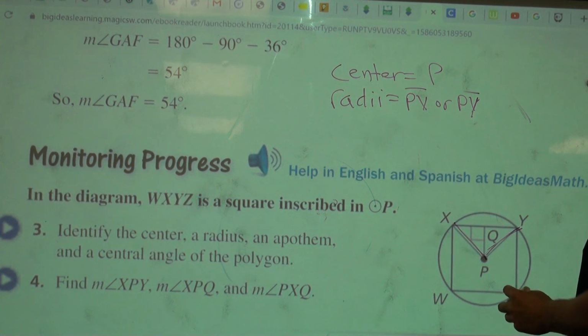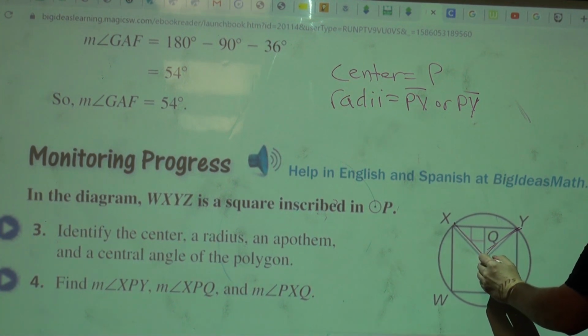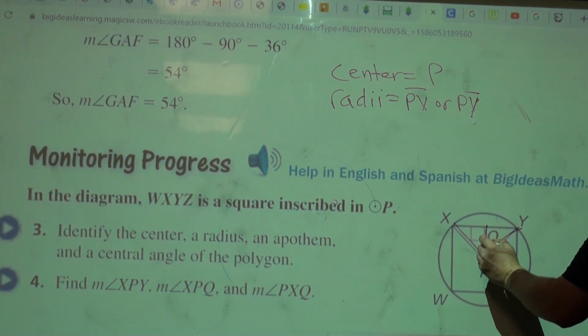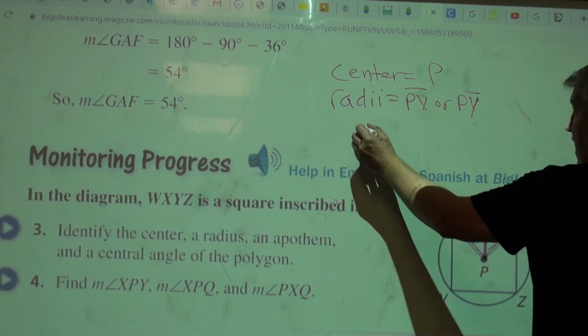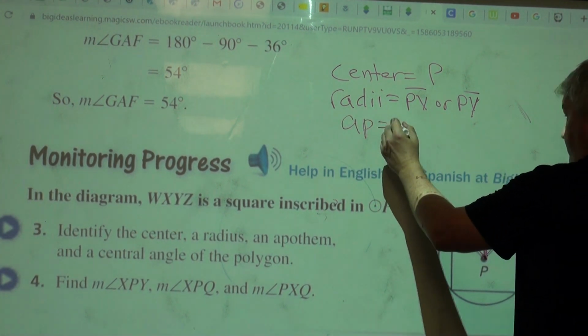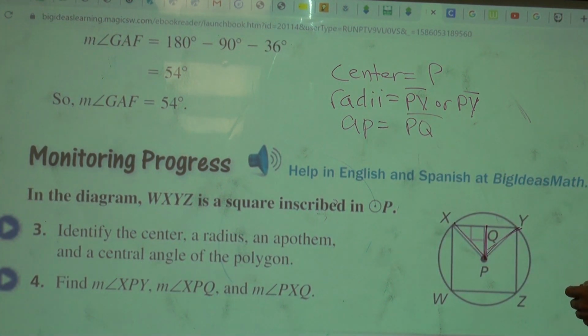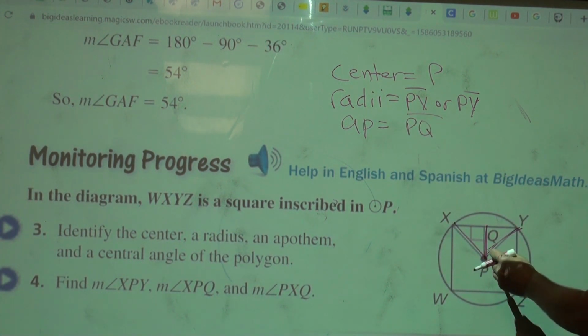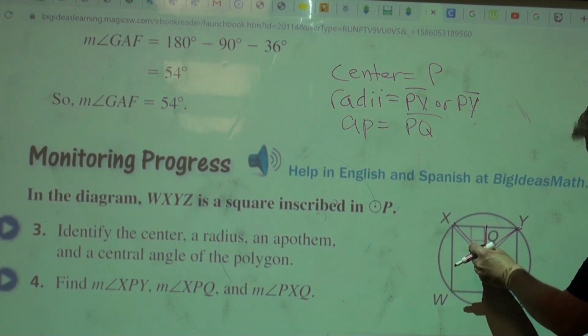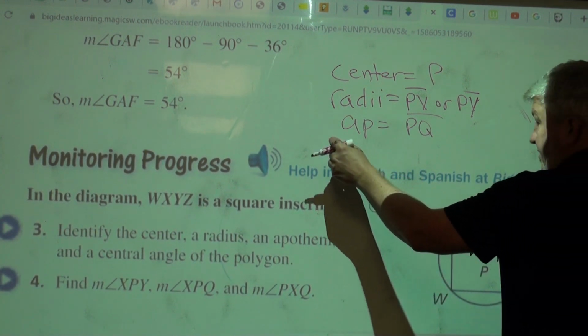An apothem. Clearly there's one apothem from the center to the edge of the polygon, the square. The apothem equals PQ. And a central angle. This is the only central angle formed. Looks like XPY.